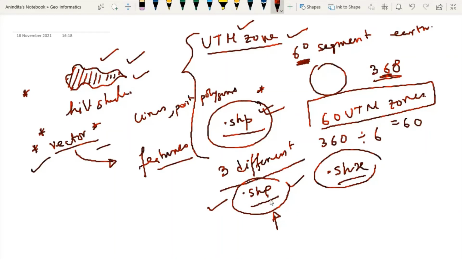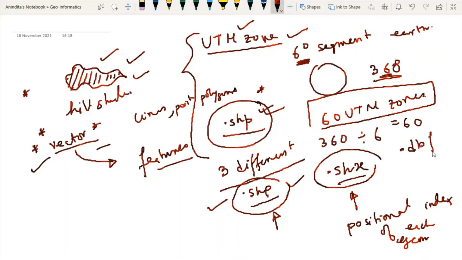Along with this .shp, we need the .shx file, which holds the positional index of each geometry. And again we need another file, the .dbf file, which stores the attribute information. That is, it stores the attributes.